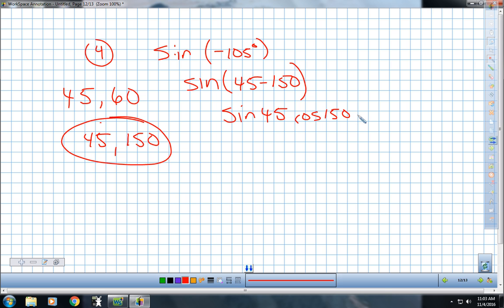Again, this is sine difference, so minus cosine 45 degrees and the sine of 150 degrees. So that's just plugging into the formula. I recognize that this is sine difference, so I go to the sine difference formula and plug it in.